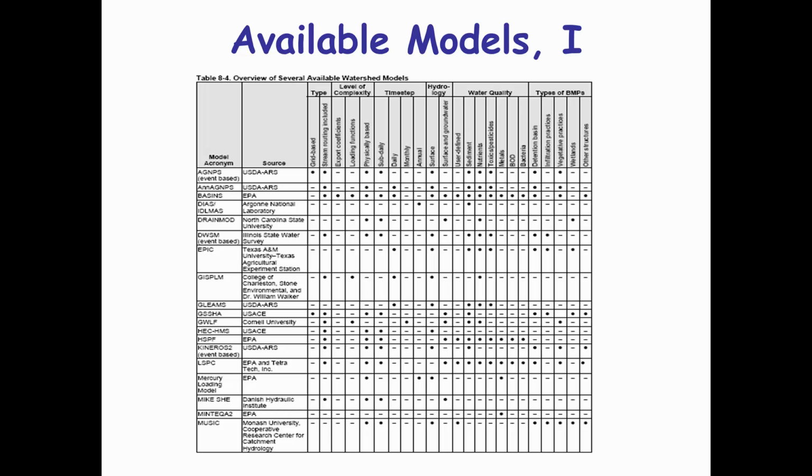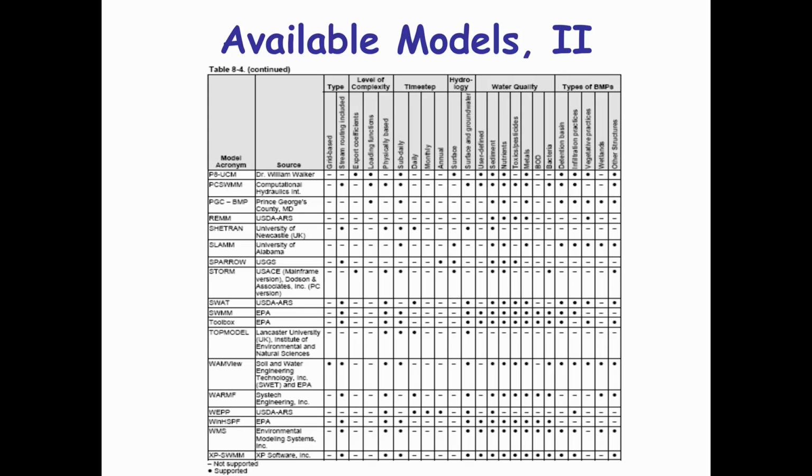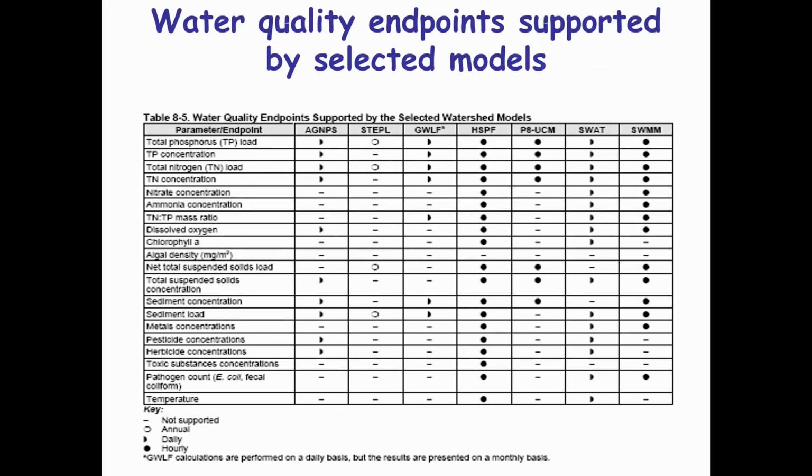And you can see that the individual cells in this table indicate whether or not the model has that capability or not. The types of water quality parameters that are supported by some of these models. I'm going to use SWAT as an example.